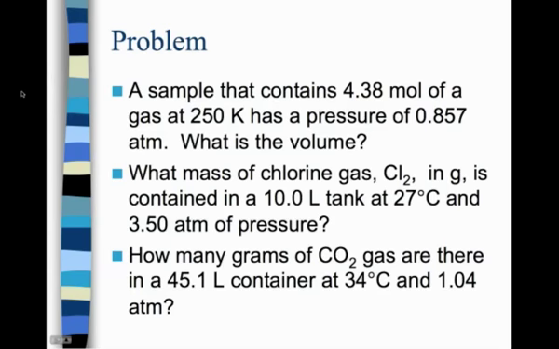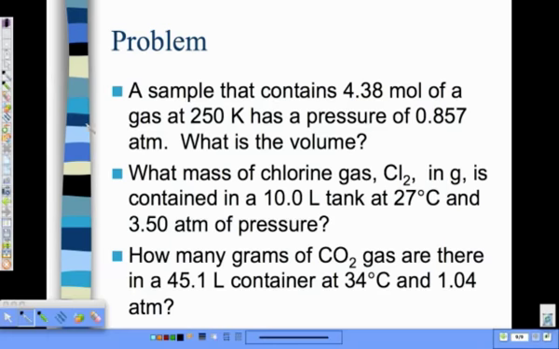So a sample that contains 4.38 moles of gas has a pressure of 0.857 atm. What's the volume? This is going to be exactly like the last one, so I'm just going to do this quick. n is 4.38.